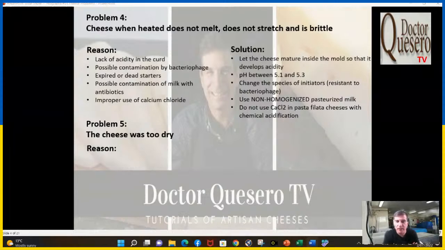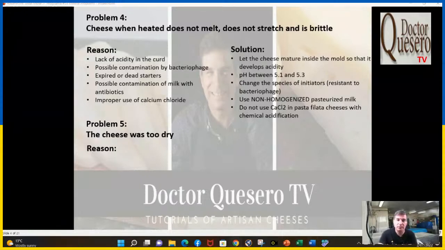What would happen if I added the culture and then immediately after added the rennet and let the acidification happen while the rennet is in the pot? For example, if I need to run an errand and won't be home in time to add the rennet, can I add it early and still let the same total amount of time pass until I get a clean break? That's a very good question, Tracy.